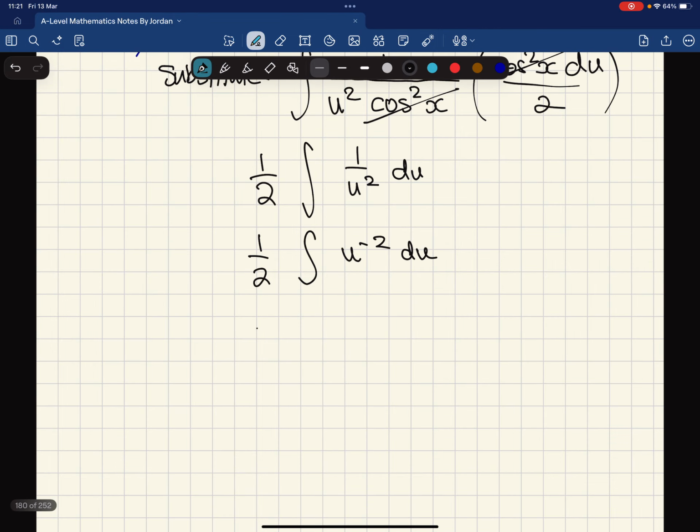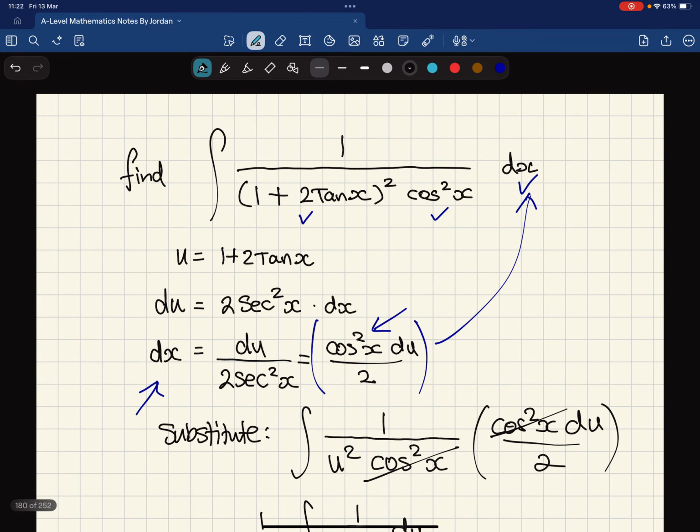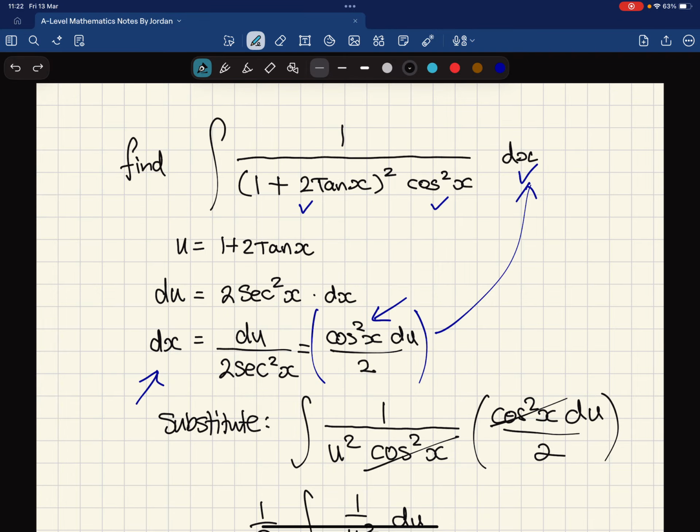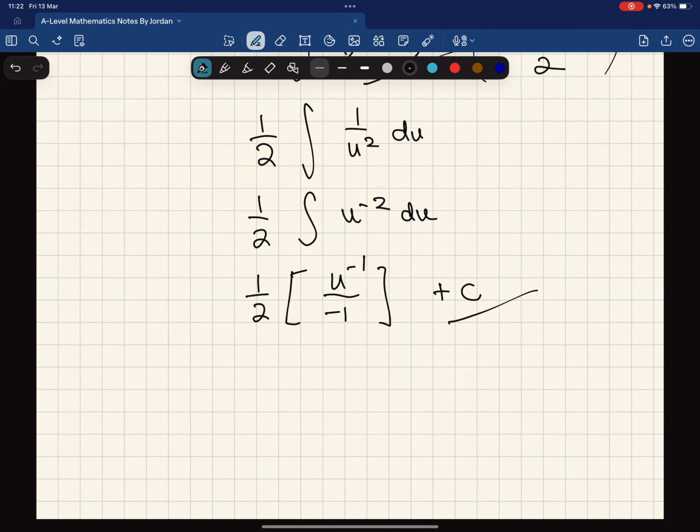Next we perform the integration. Simple first year integral, or square bracket now. Increase the power by 1 and divide by the new power. Gives us u to the minus 1 over minus 1. Don't forget the plus c, because there's no limits. You will lose a mark if you forget.